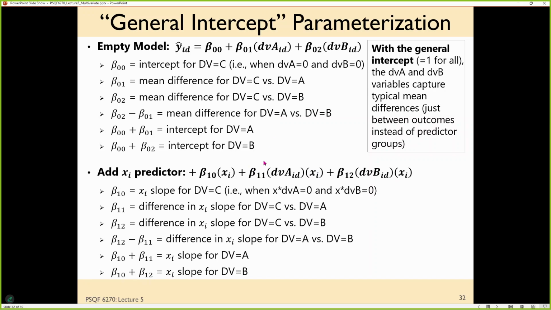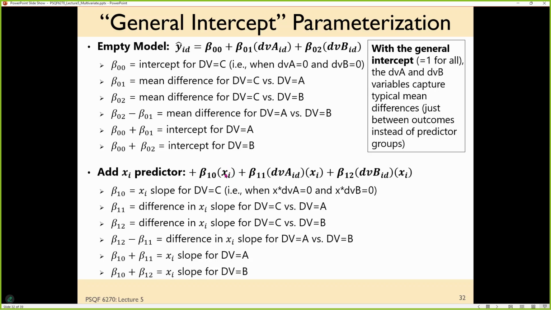So if we enter a predictor into the story, now we want to predict 3 things, right? 3 slopes. So these models get big real quick. If I start with this model and I add this stuff to it, now these things look like interaction terms, and they kind of are. So we have what I would call the main effect of X right here.